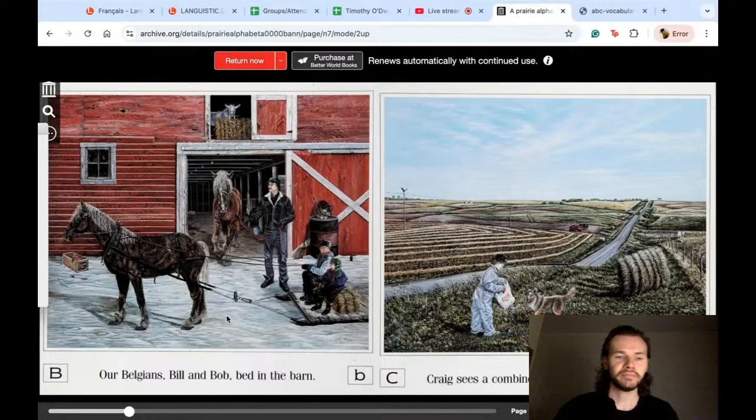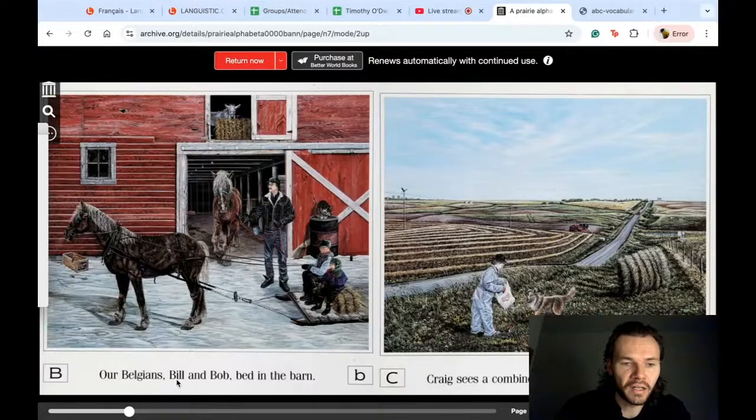Horse. Yes. So the horses, their names are Bill and Bob. So maybe this is Bill, maybe this is Bob, or maybe this is Bob and this is Bill. We don't know.